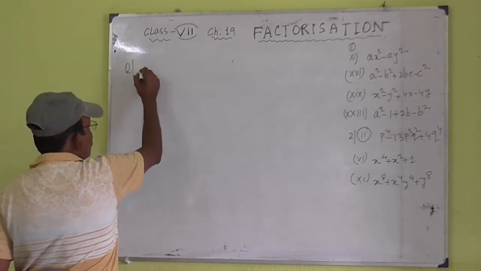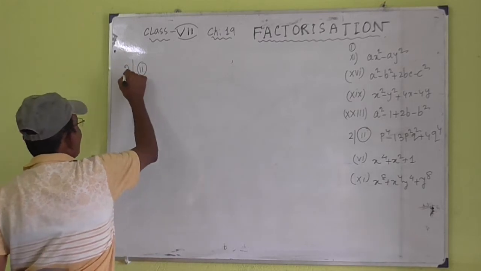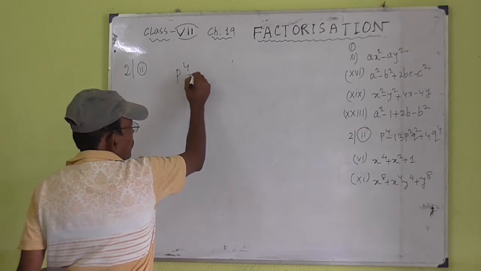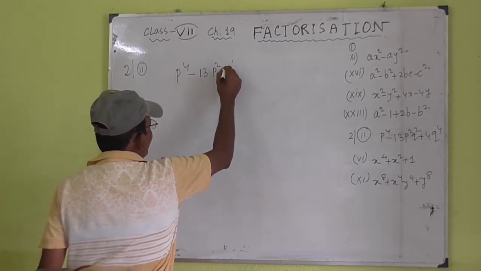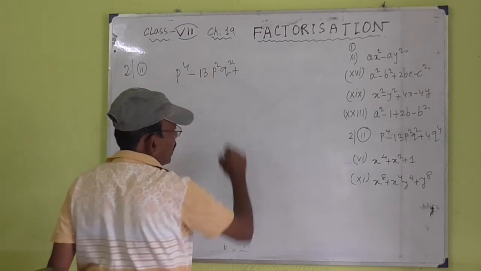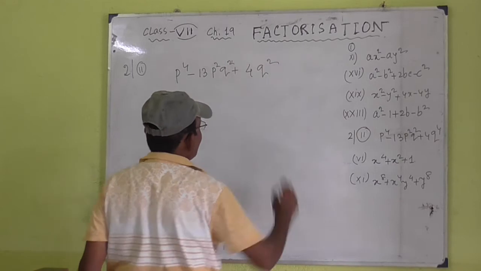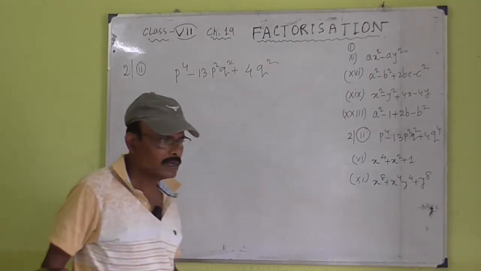Now, the next sum. Question number 2, sub number 2. p to the power 4 minus 13 p square q square plus 4q square. This sum does not belong to any formula.